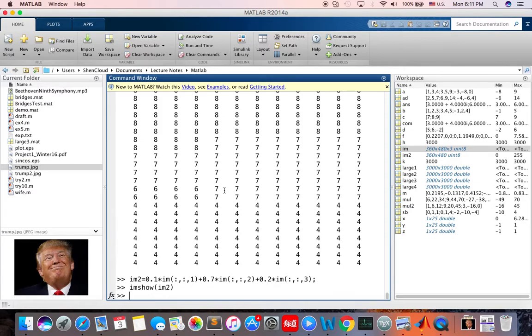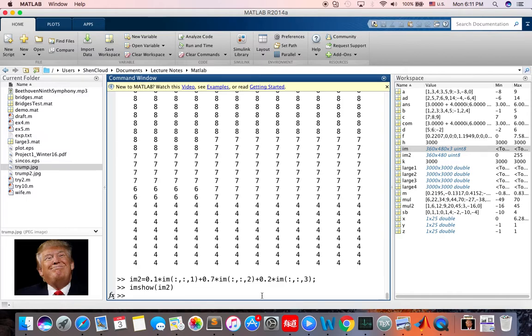And we can save the matrix image2 here. The first way to save it is as a Matlab file, which is .mat, which is just a matrix.